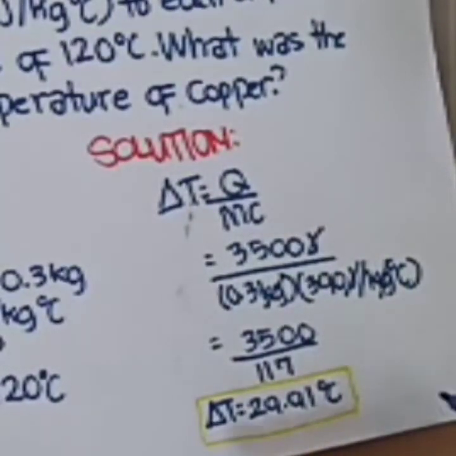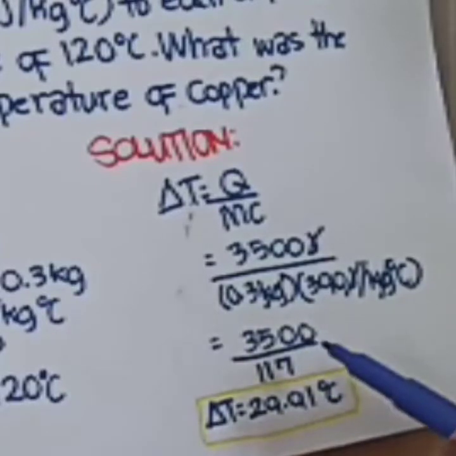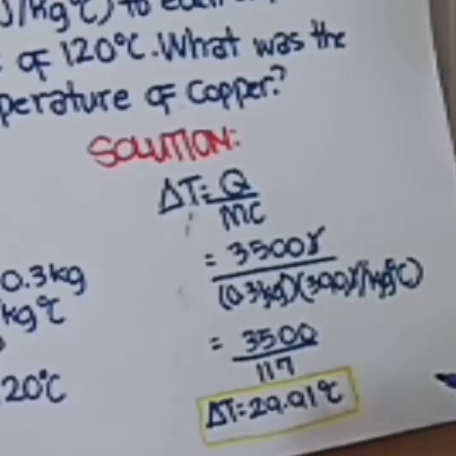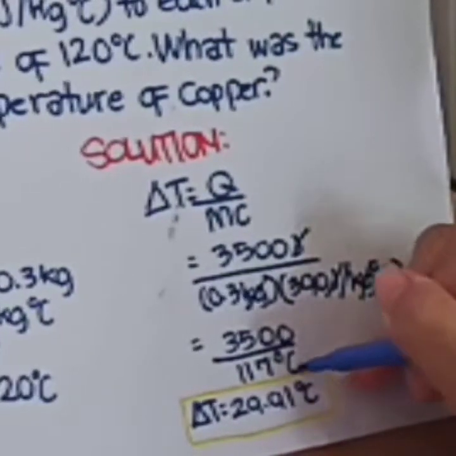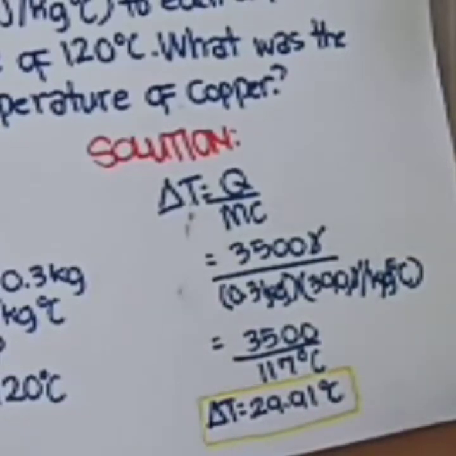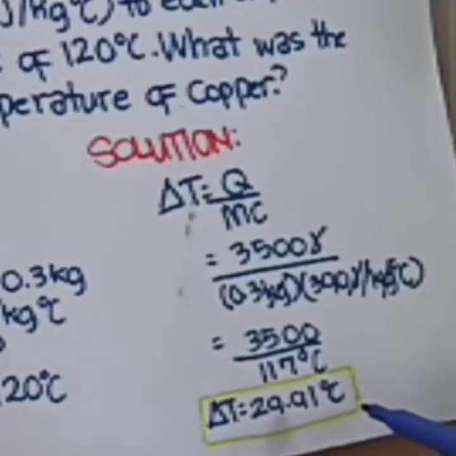Then we will have 3,500 over 117 degrees Celsius. After that, we're going to divide it. 3,500 divided by 117 degrees Celsius is equal to a temperature of 29.91 degrees Celsius. So, we have our initial temperature of copper.